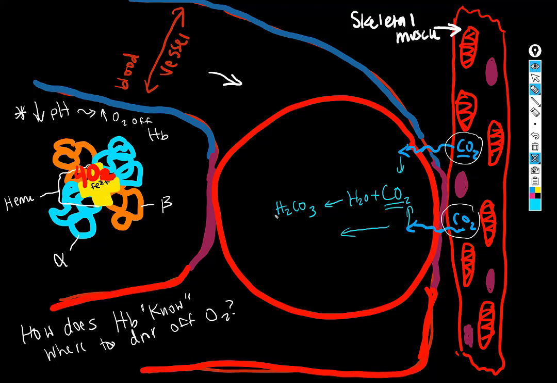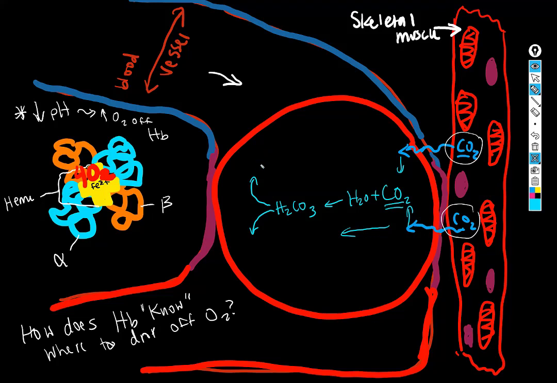And carbonic acid, because it's an acid, dissociates into a proton, which we denote as being H+. Hydrogen is 1 proton and 1 electron. So if hydrogen loses an electron and becomes positively charged, all it is is a proton.